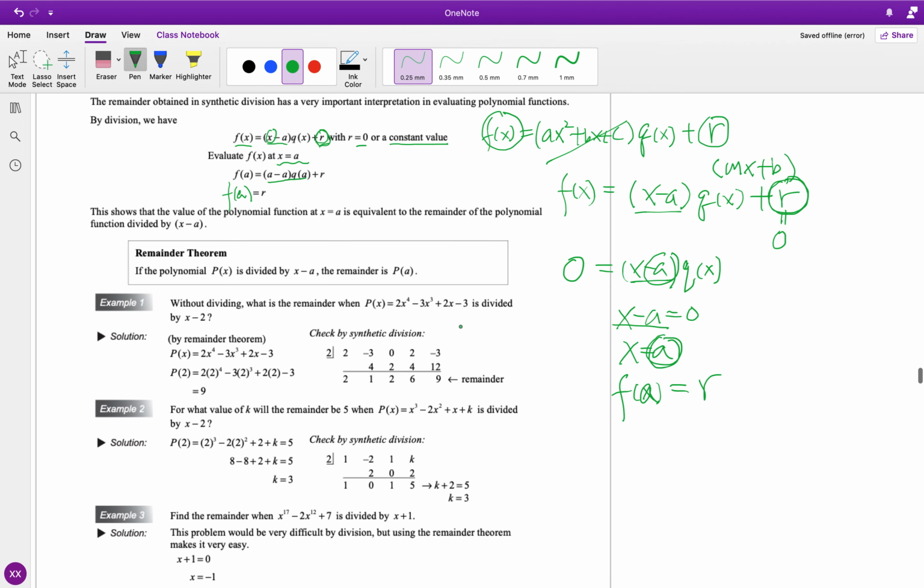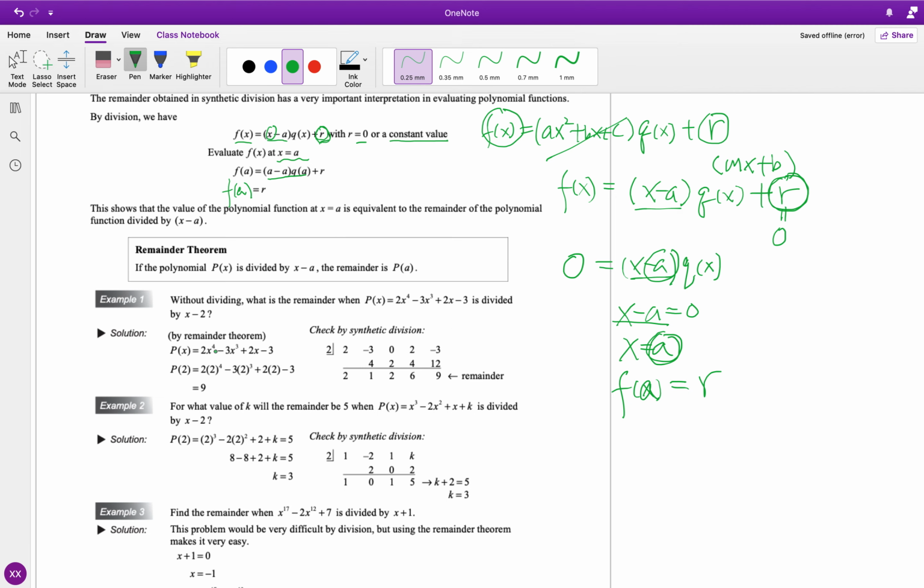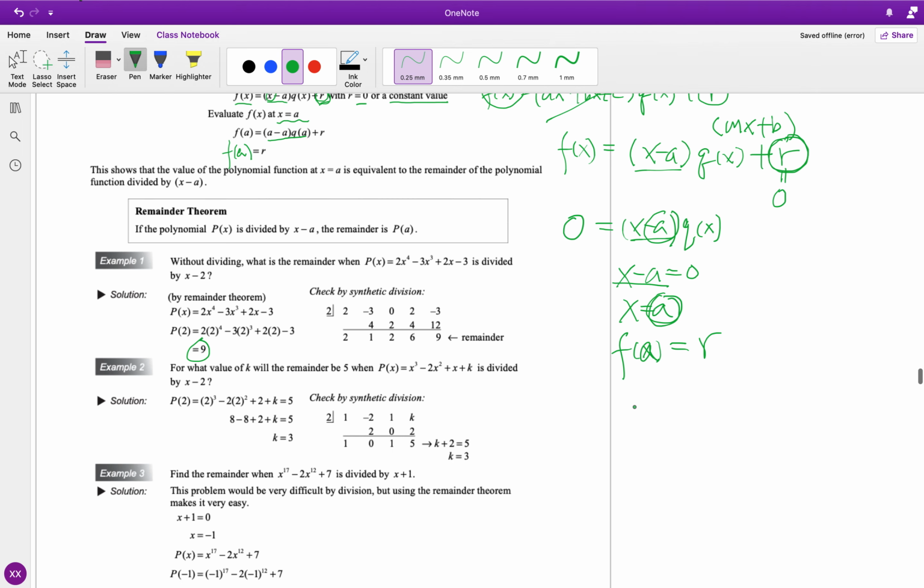So take a look here. You don't have to use long division to calculate the remainder, though you could. For example here, you definitely can use 2x to the power of 4 minus this plus 2x subtract 3, and divide it by x minus 2.